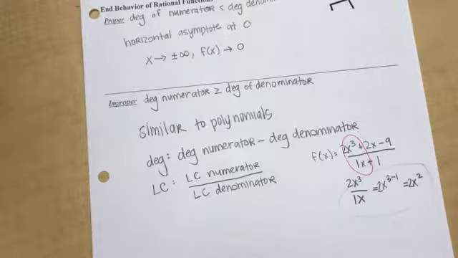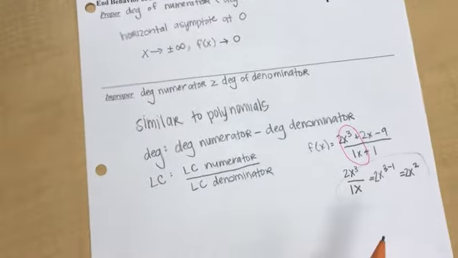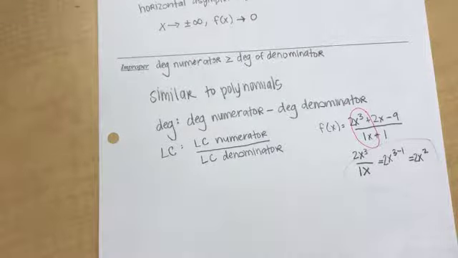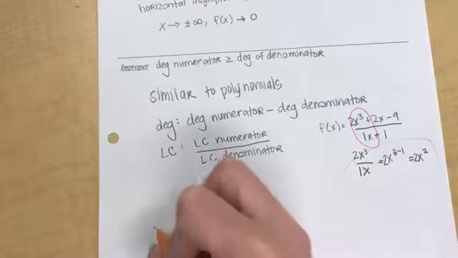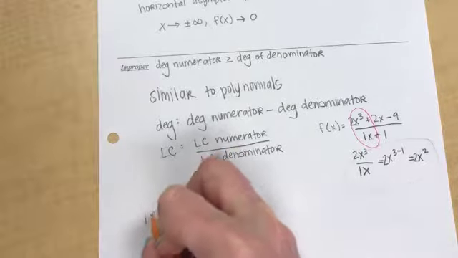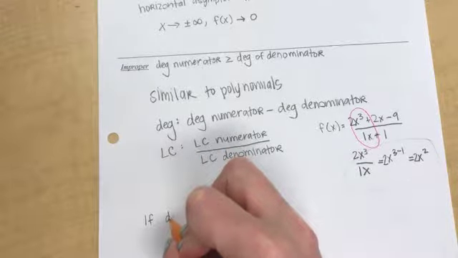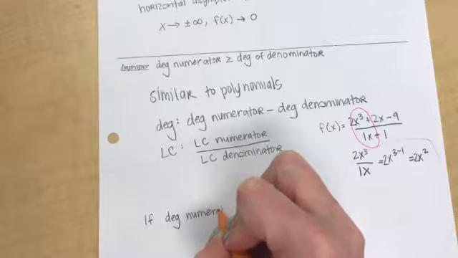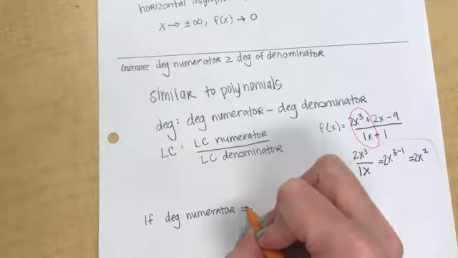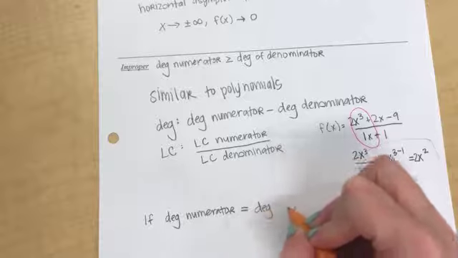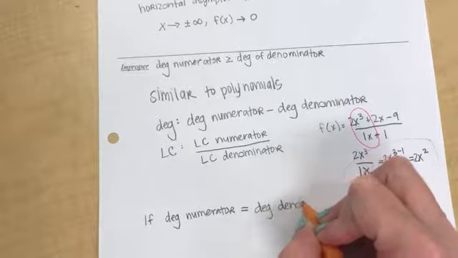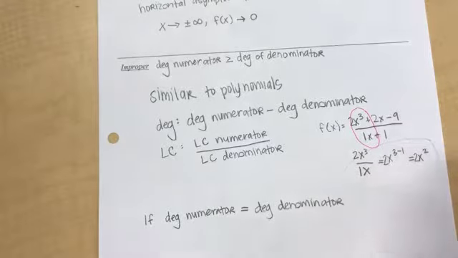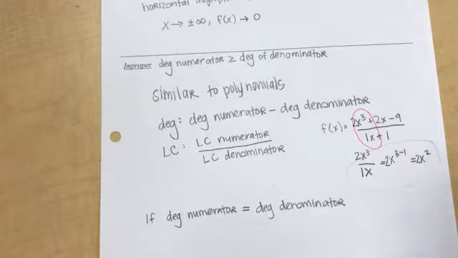You may run into a case where the degree on top and bottom is the same. So if that happens, if the degree of the numerator is equal to the degree of the denominator, that means when you calculate the degree, we get a 0.